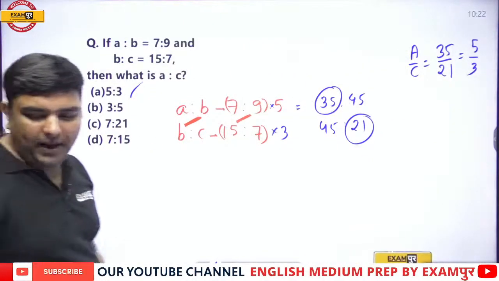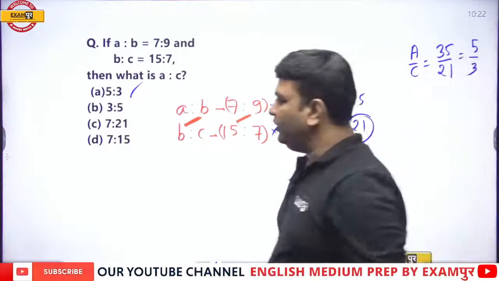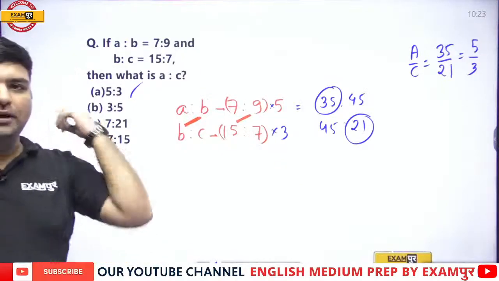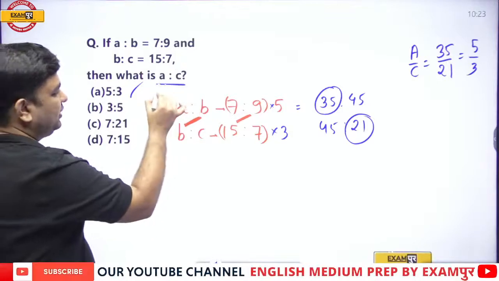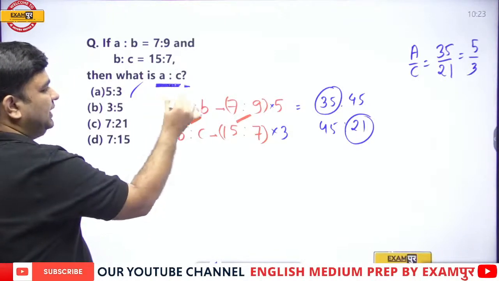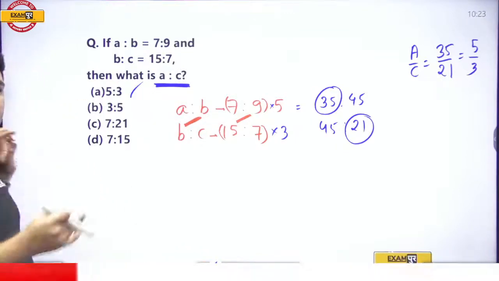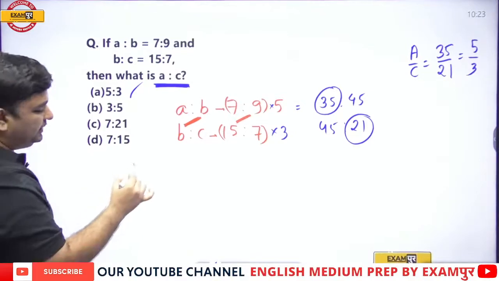But whenever the complete ratio is not required, like when it is only asking about A ratio C, there is a better way.